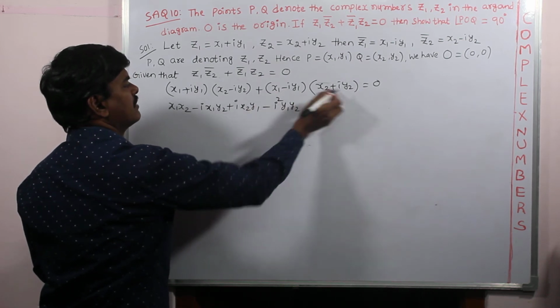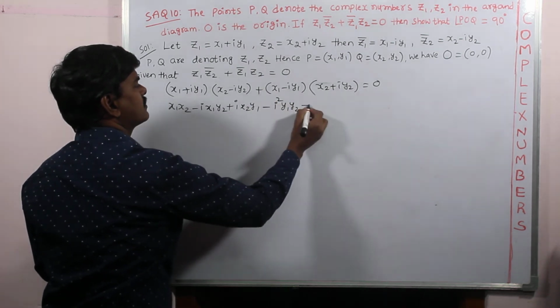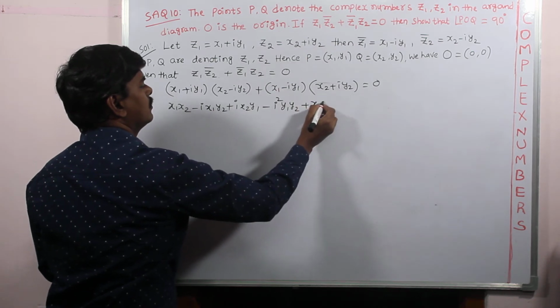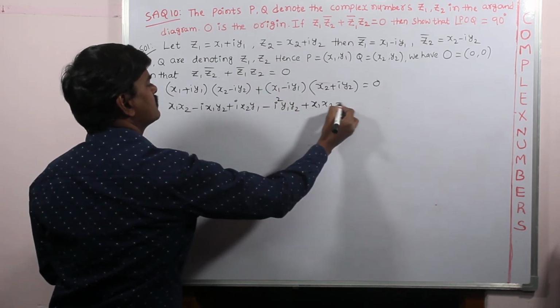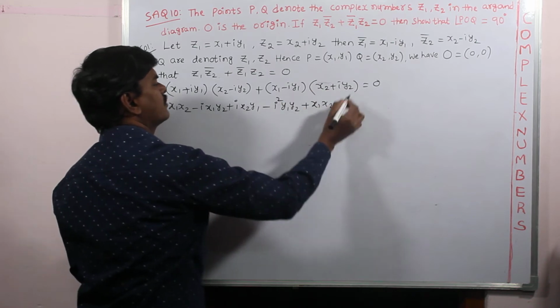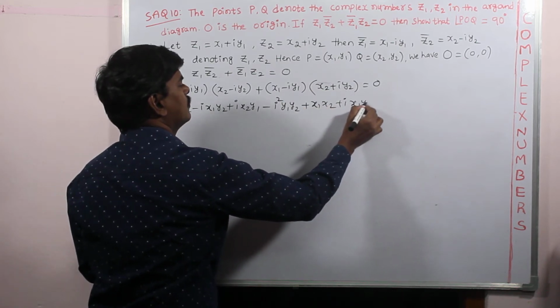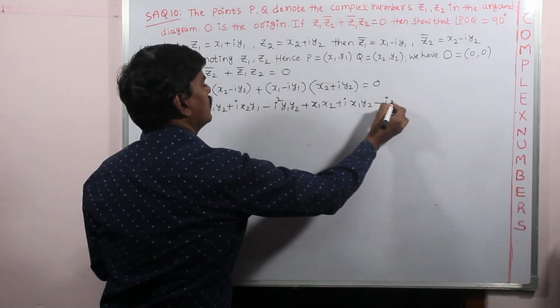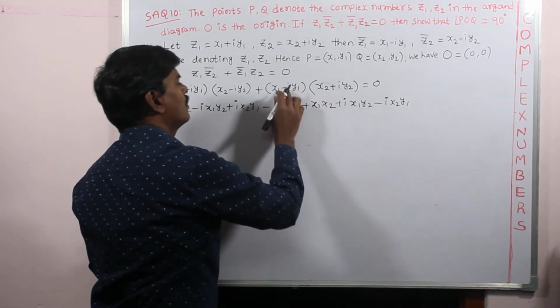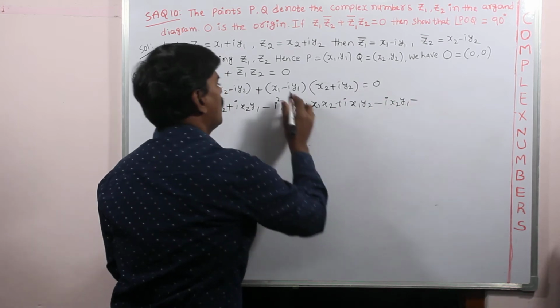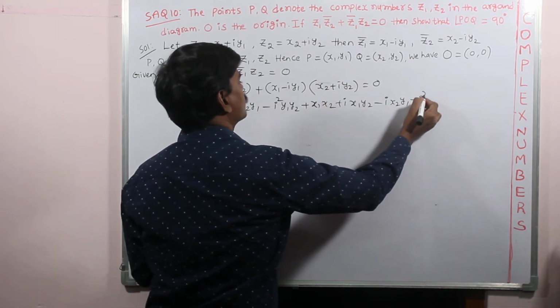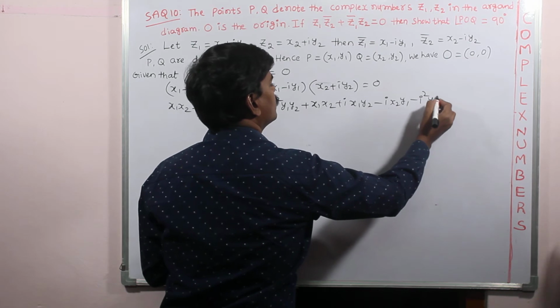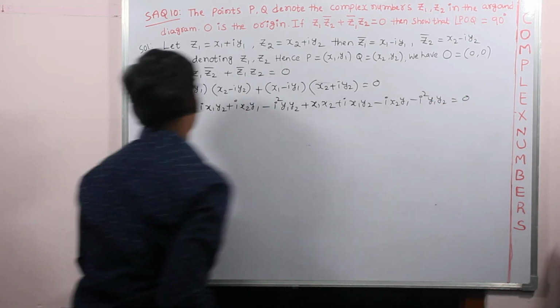Next, again multiplication. Plus into plus, x1 x2, plus into plus, iota x1 y2, minus into plus, minus iota x2 y1, minus into plus, minus iota into iota square y1 y2, that equals 0.